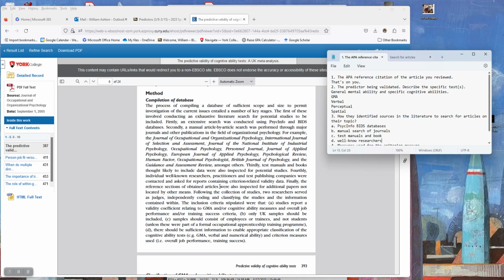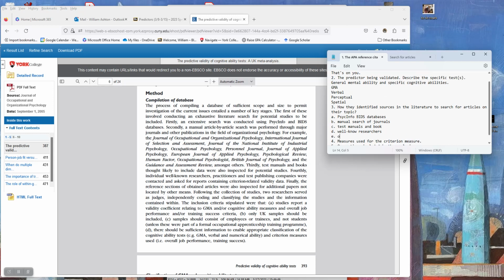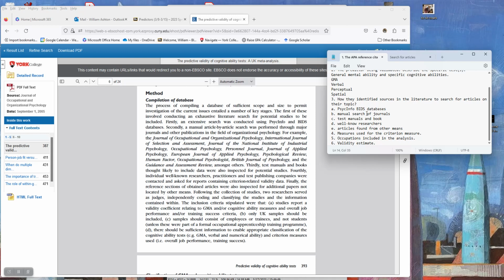Finally, articles found from other means. All right, so that's where they searched. That's important because some meta-analyses fail because they don't search the literature that well. This certainly looks very painstaking, with the emphasis on pain.